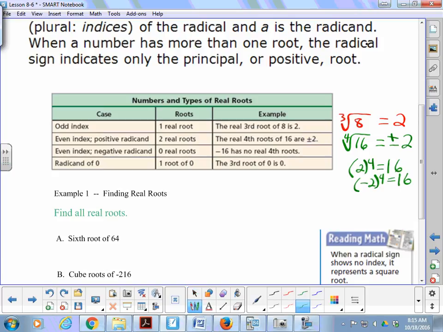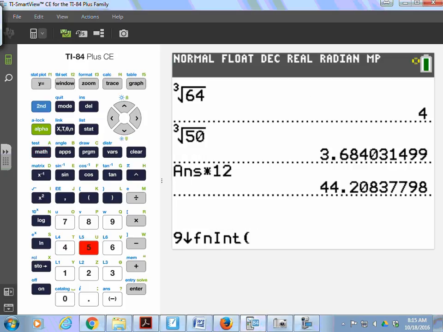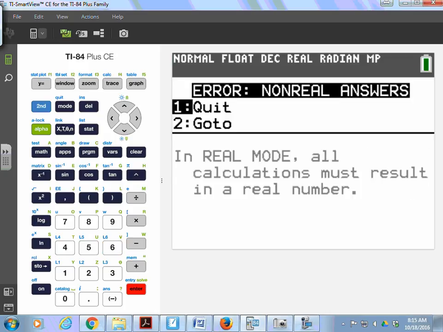If we have an even index and a negative radicand, there are no real roots. That's because we can't take the square root, the fourth root, the sixth root, the eighth root of a negative number. If I try to do the fourth root of negative 16 in my calculator, we get a non-real answer, because that is where we would get i, a complex number.